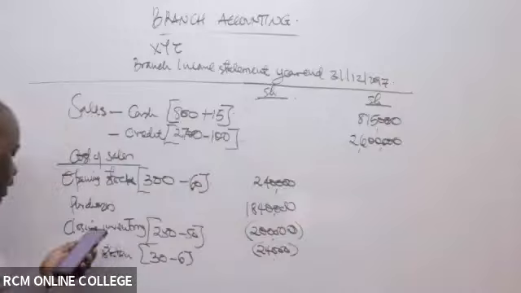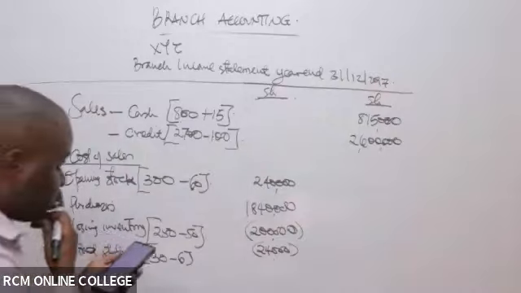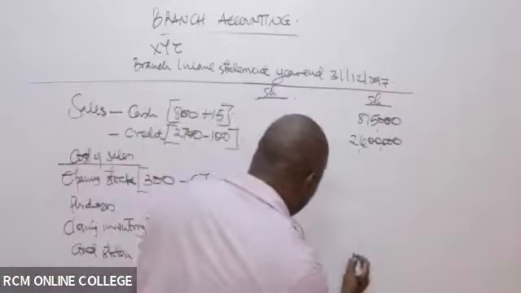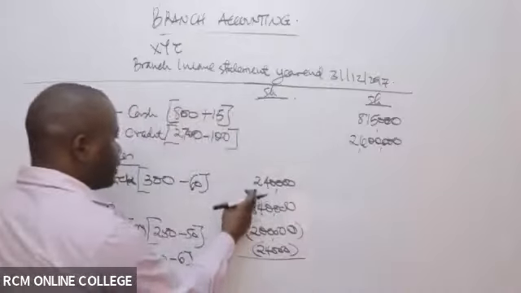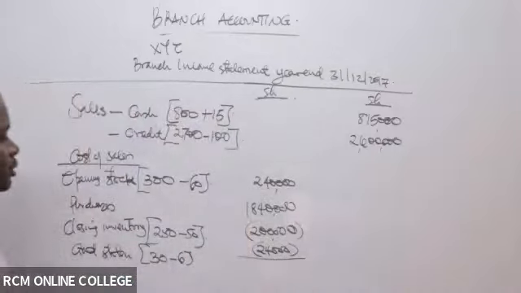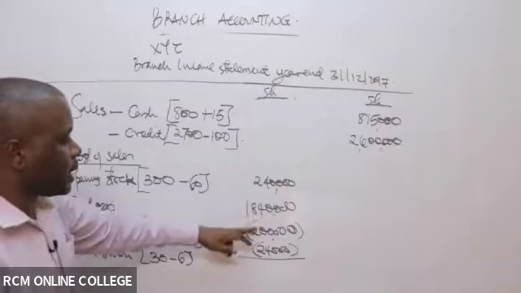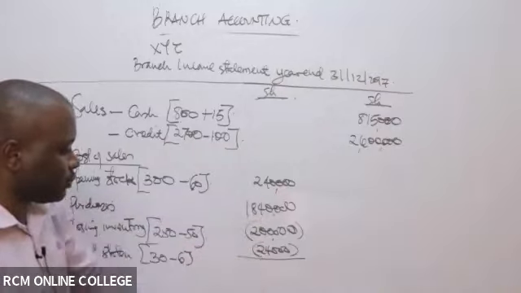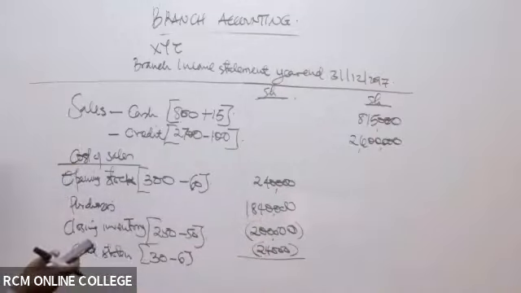That should give us the cost of sales. How much are you getting? Just try to add and less. So 240,000 plus 1,840,000 minus 200,000 minus 24,000.